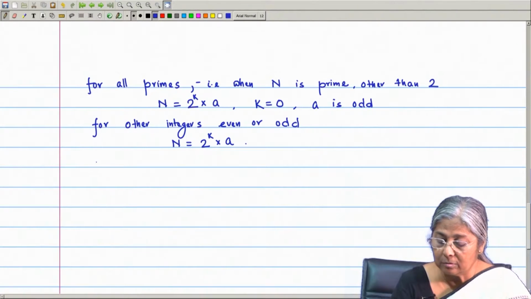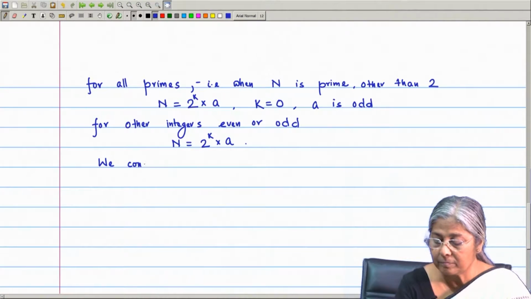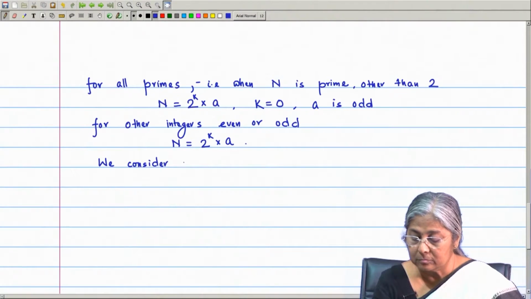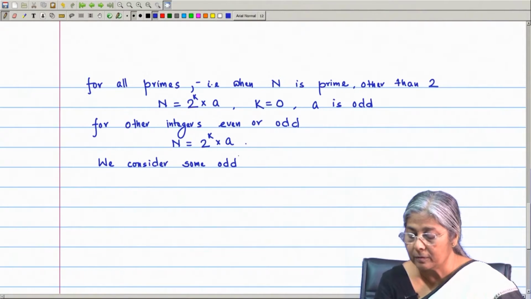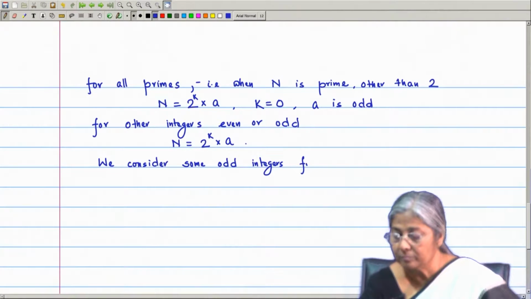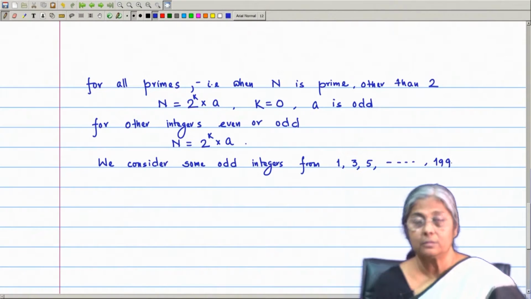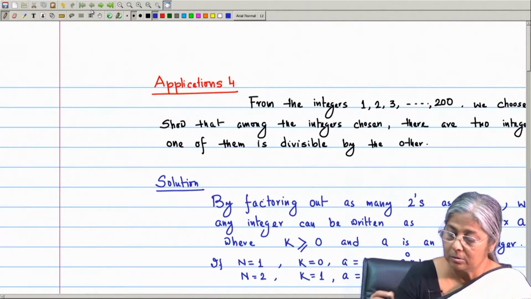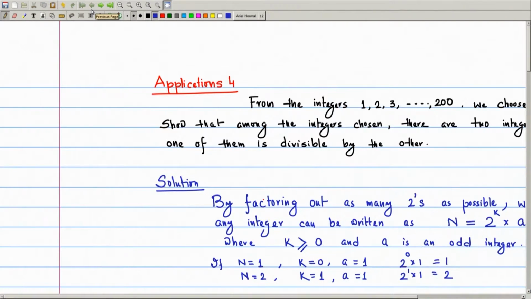So, now we consider the odd integers from 1 to 199, since my numbers given are 1 to 200.